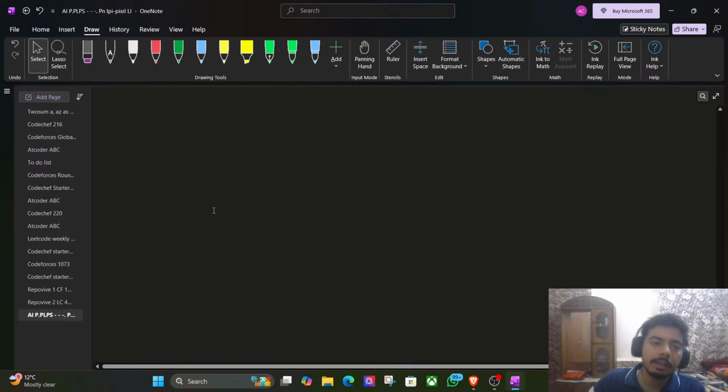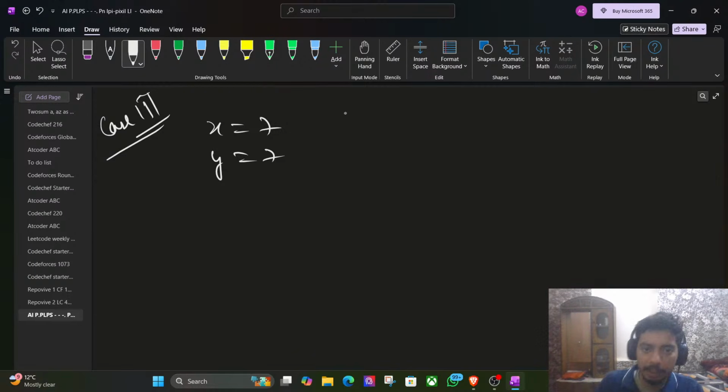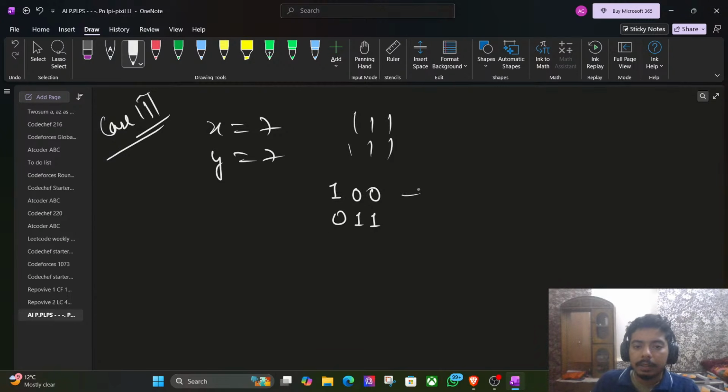Okay. Now coming to case number 3. For this case I take a very good example for you, which is x equals 7 and y equals 7. All the bits are set. Now if I take the scenario which I have taken for case 1, which means if I set 1 here and these two 0, or 0 here and these two 1, the output for the equation, x minus p and y minus q, comes out to be 7 minus 4 for this, and 7 minus 3 for this.